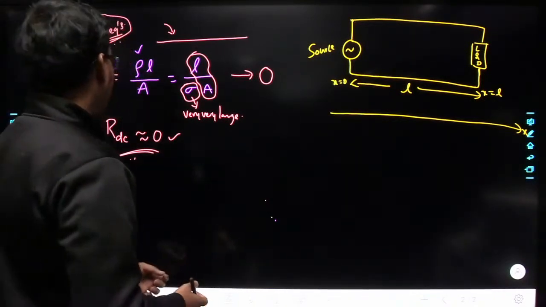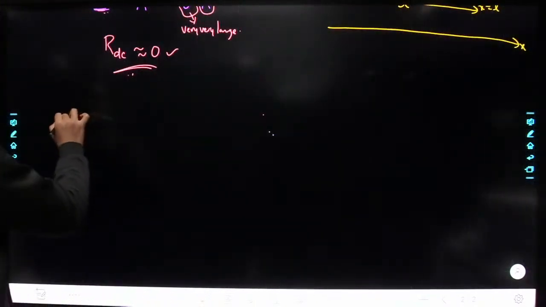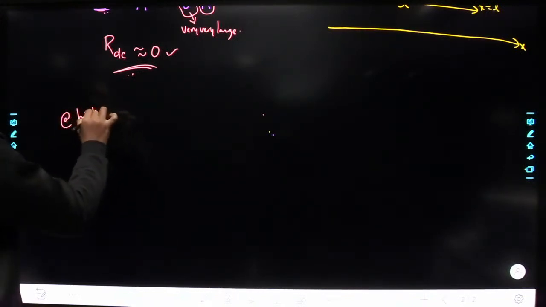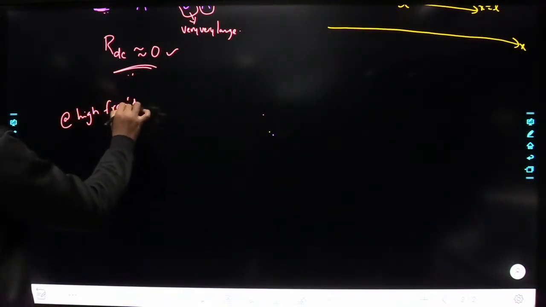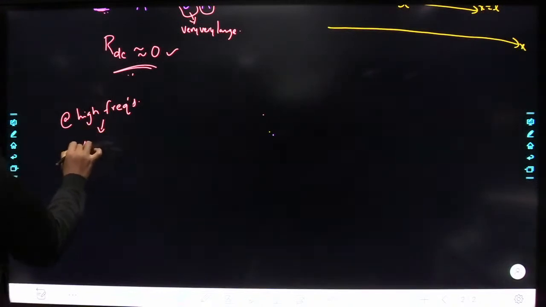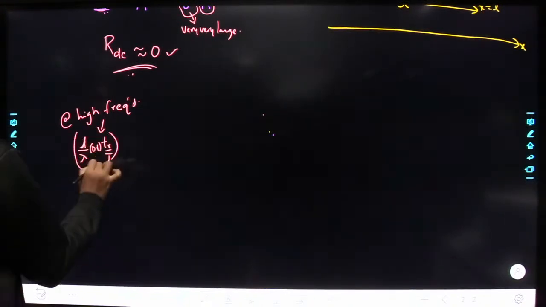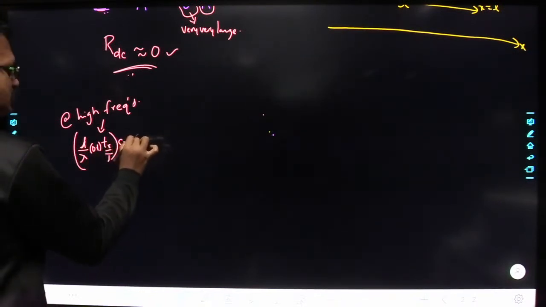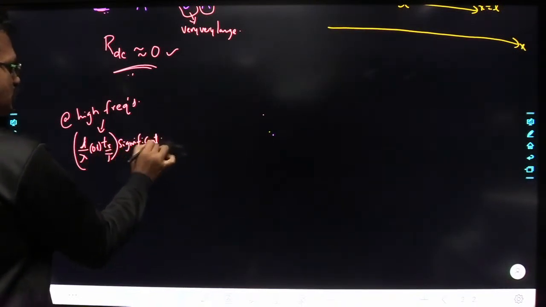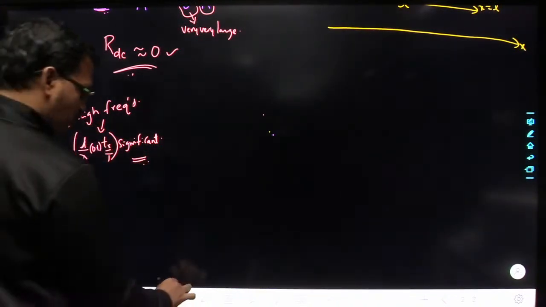But at high frequencies, what do you mean by high frequencies? Such that L by lambda or TR by T becomes significant. Always keep this in mind; this is the last time I am going to specify this.